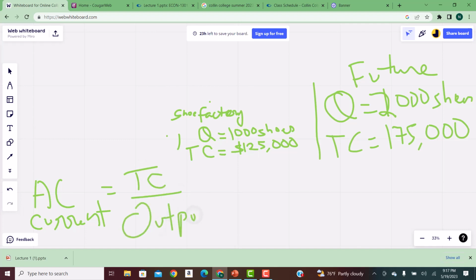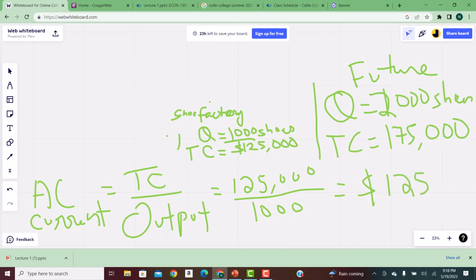Currently the total cost is 125,000, right? And then we divide it by the total output right now, which is 1,000. So the average cost per shoe is $125. So the cost to produce one shoe on average is $125.